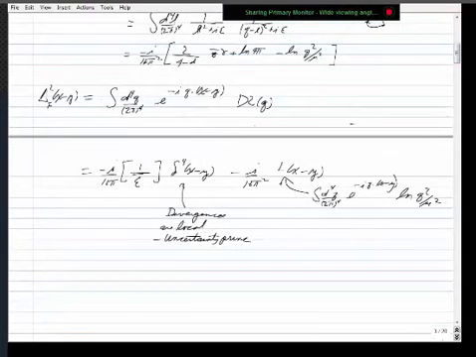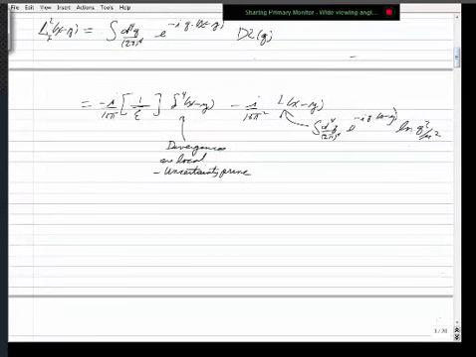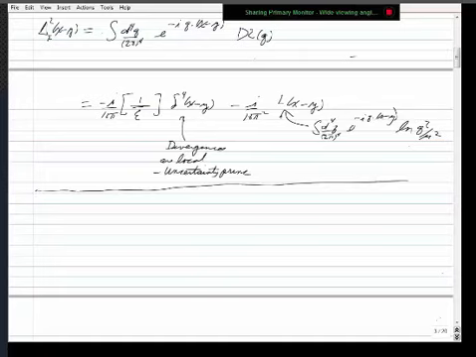It's the Fourier transform of the log. So this is just integral d⁴q over (2π)⁴ e to the minus i q·(x minus y) of log q². Okay. So the noteworthy thing is that the divergences are local.